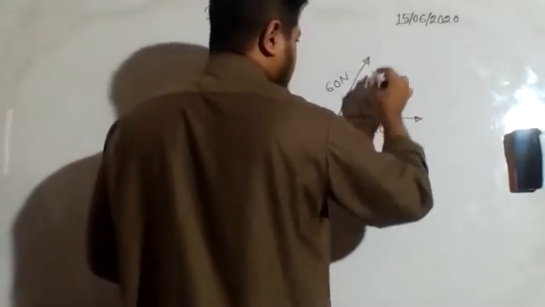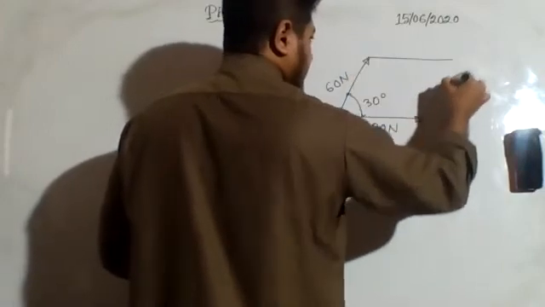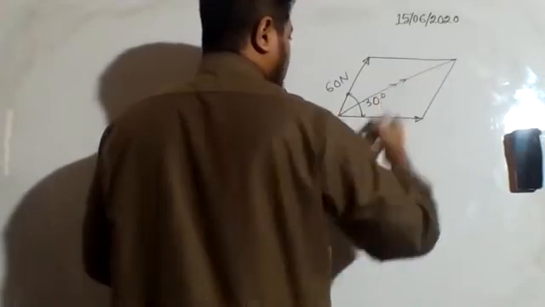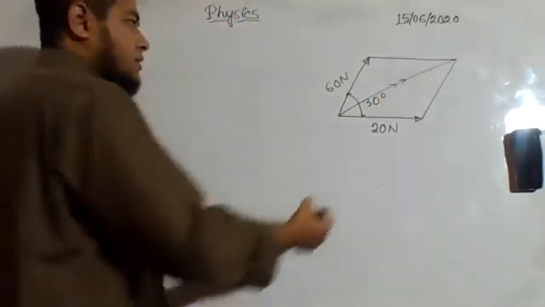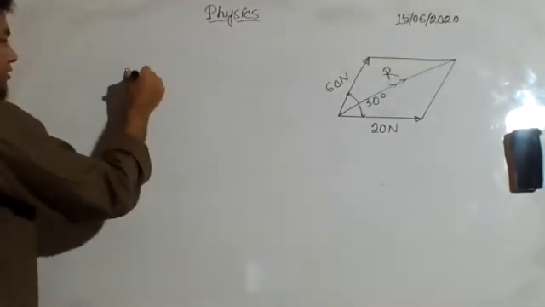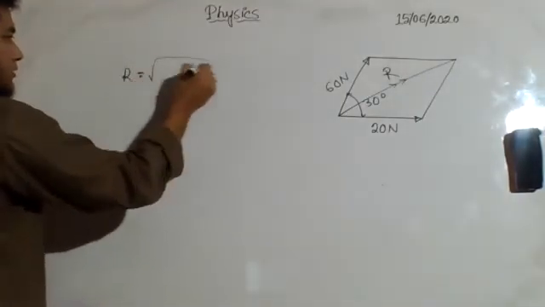Now the resultant will be acting, if I complete the parallelogram, along the diagonal of it, right? And we know how to find the value of it. If you remember, we learned this formula.